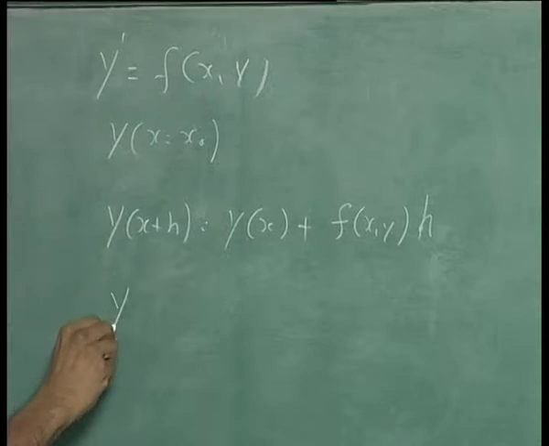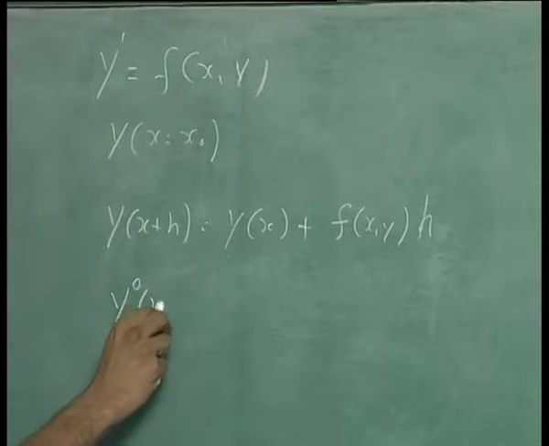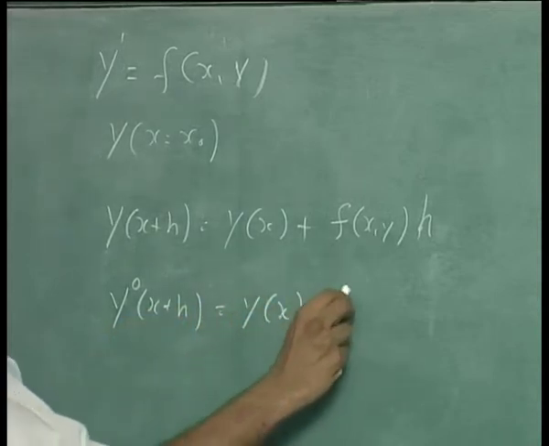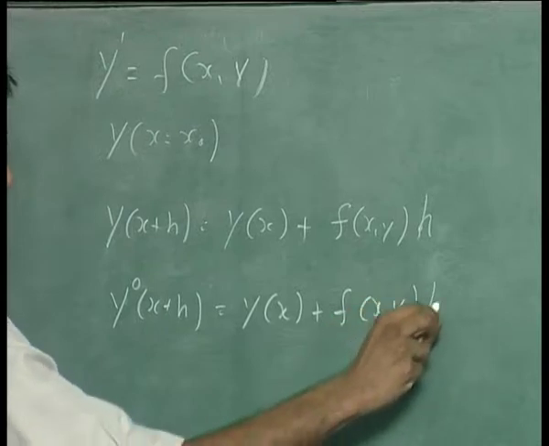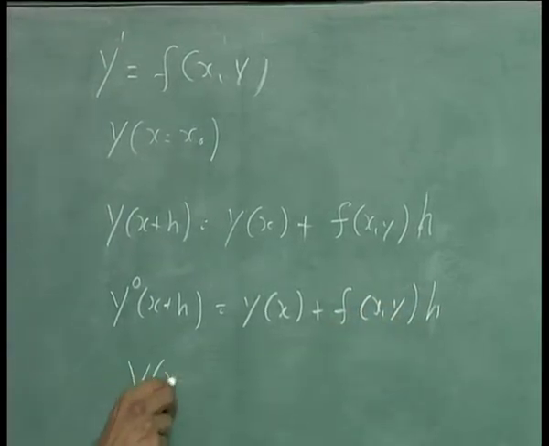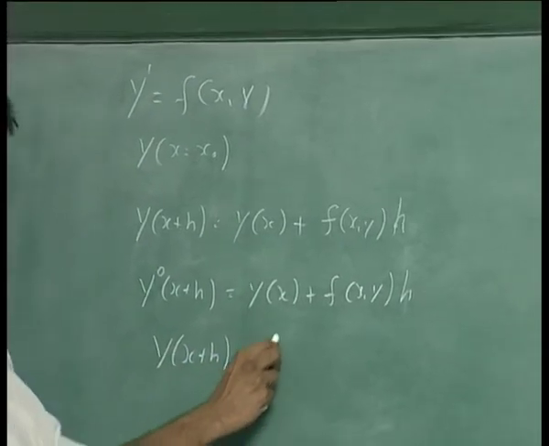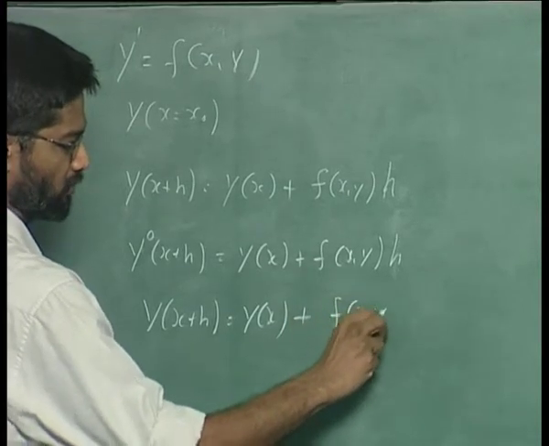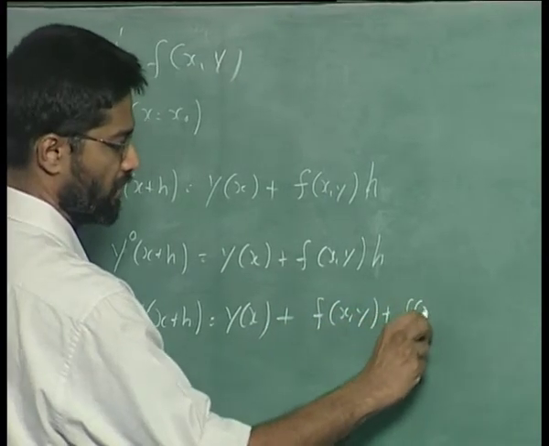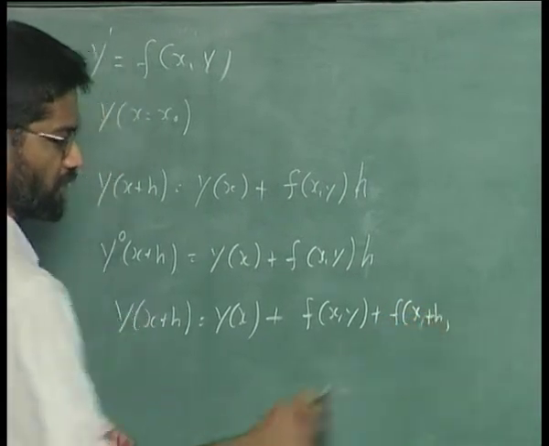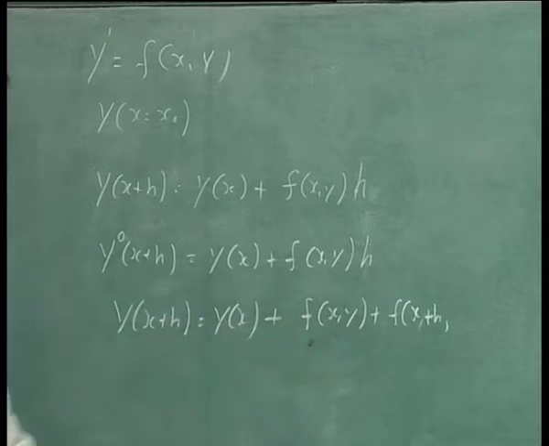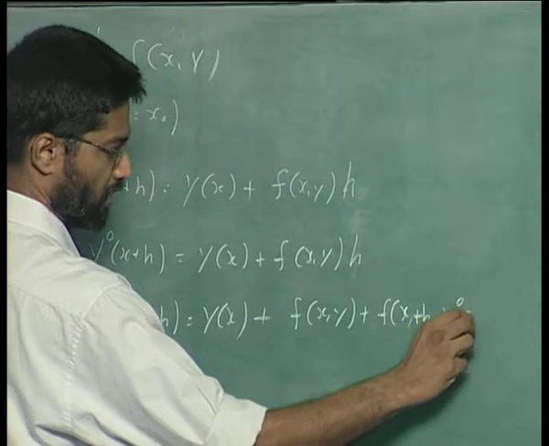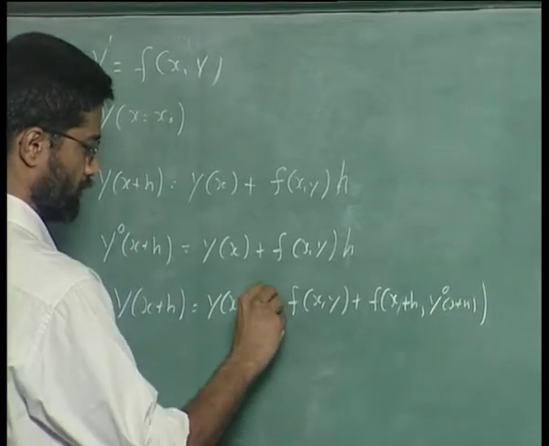Another method which we looked at was to evaluate what is called a predictor at x plus h from this scheme, and then use a corrector step to get the correct value as y plus the derivative evaluated at x and y, and the derivative evaluated at x plus h and y0 at x plus h, divided by 2.